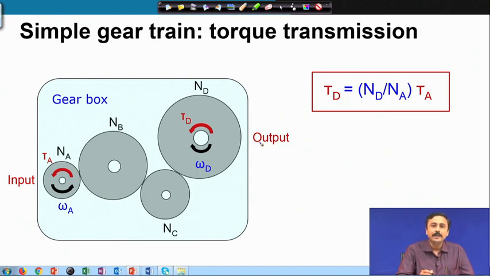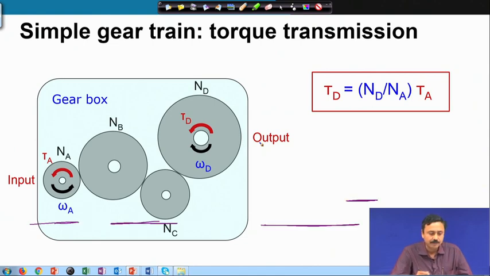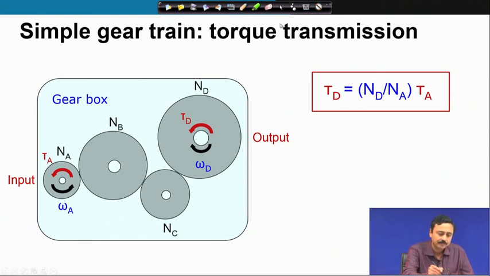If you look at the equilibrium of the whole system of this gear train, then we have two torques acting on the system, tau_A and tau_d, which are not equal. So, therefore, the system cannot be in equilibrium unless there is an external torque acting which keeps the whole system in equilibrium, and that comes from the gearbox.